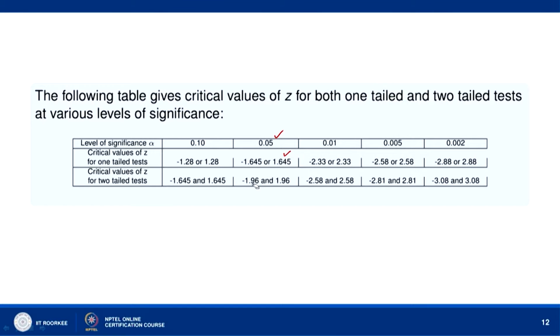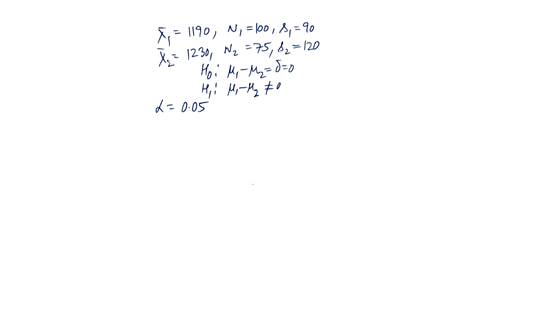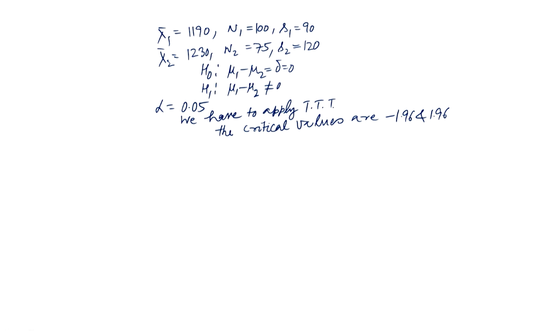In the case of two-tail test, the values of Z are minus 1.96 and 1.96.